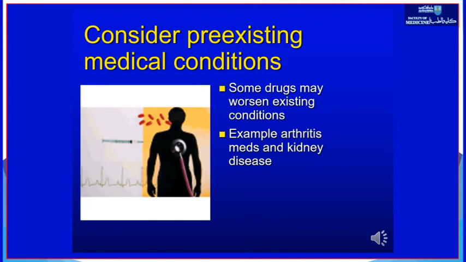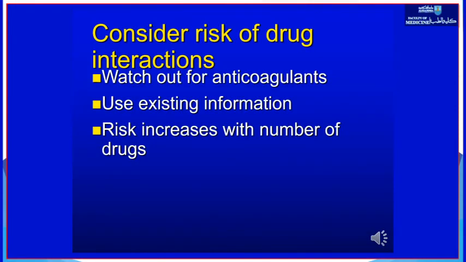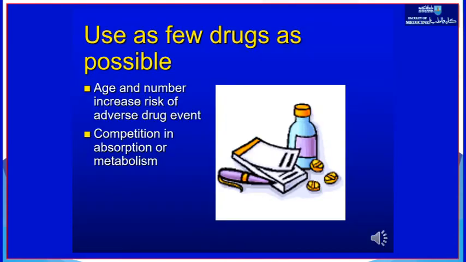For example, when you have arthritis medications to prescribe and the patient has kidney disease. Consider risk of drug interactions. Watch out for anticoagulants such as warfarin. Use as few drugs as possible.